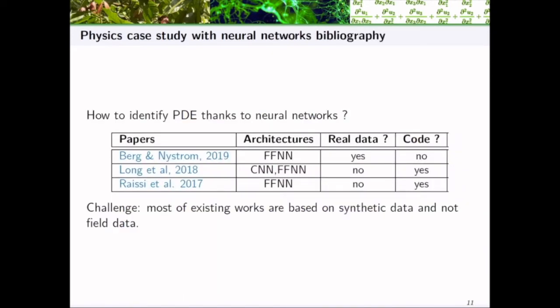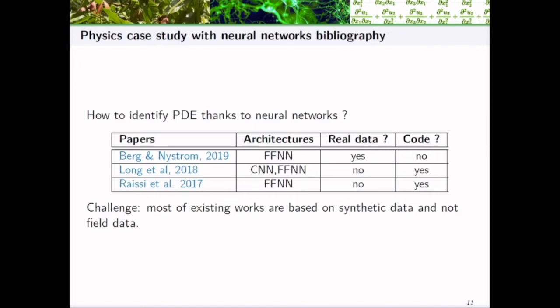This technique of combining theory and data using neural networks is quite new, less than 10 years, as you can see in the references we've listed on this slide. Different kinds of neural network architectures have been tested for this application, mainly feed-forward neural networks and convolutional neural networks. Now we have been seeing that few papers are dealing with real data.